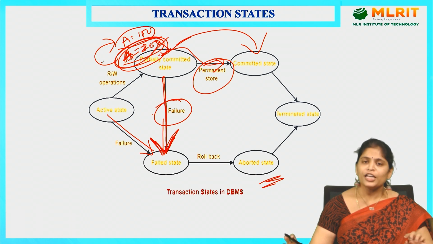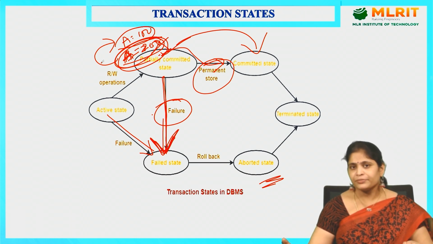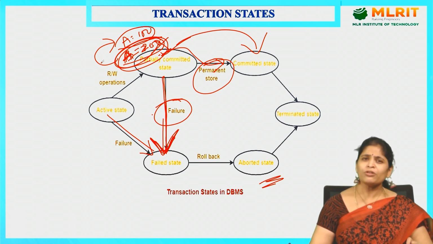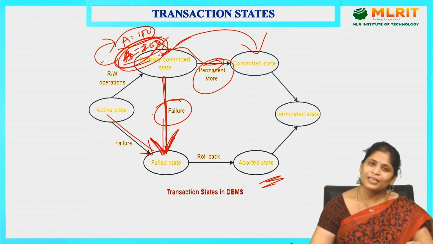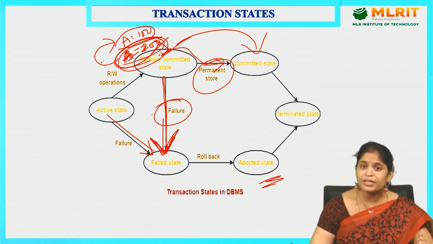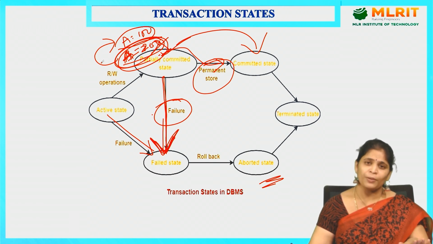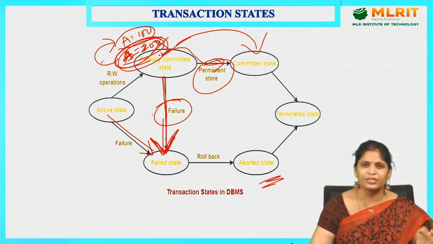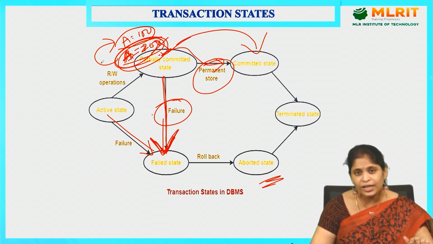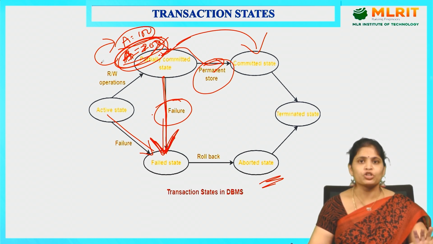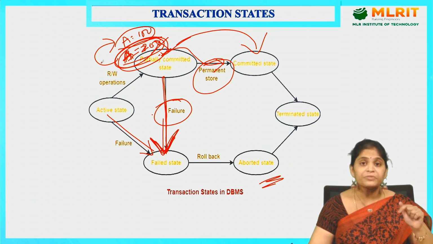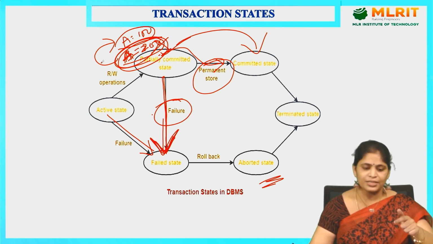Clear? Now again the power came. At which state will the washing machine be? Spinning state only, right? Whatever state it has stopped in, it restarts from that state only. It has to know that it stopped at this state, so it has to start from this state only. The same thing here.